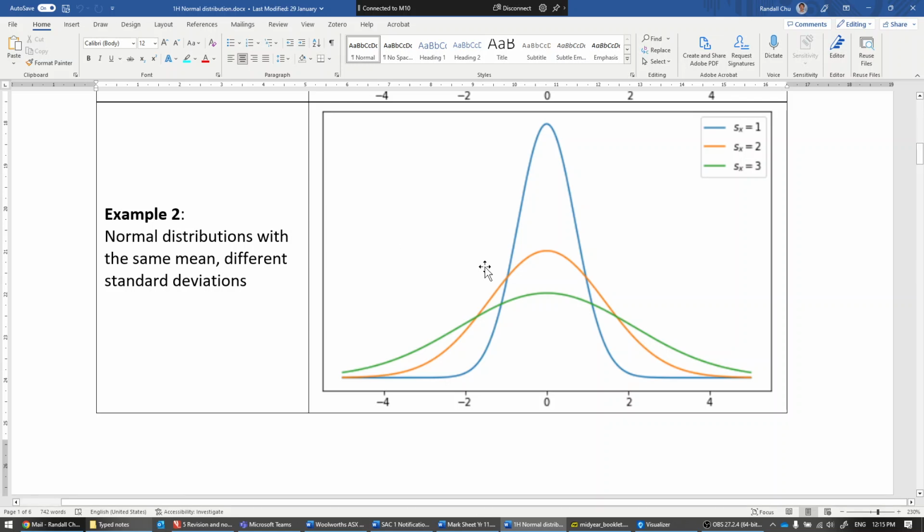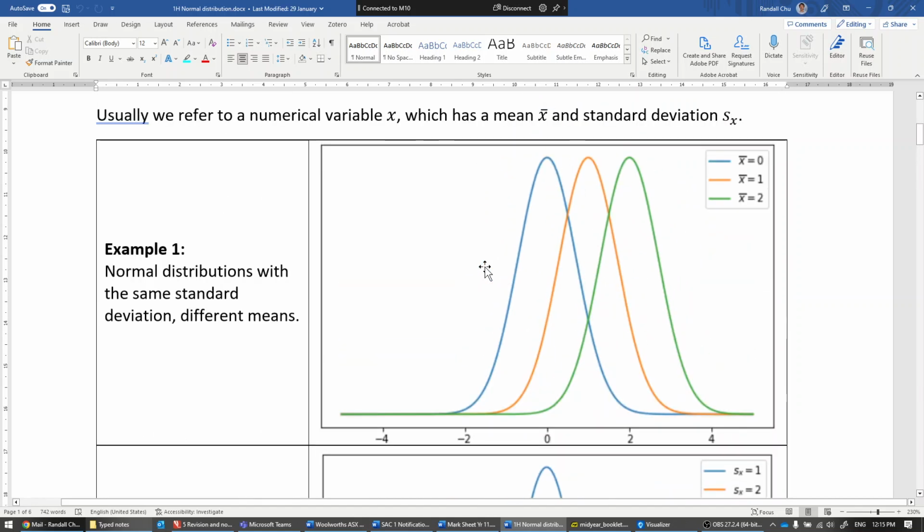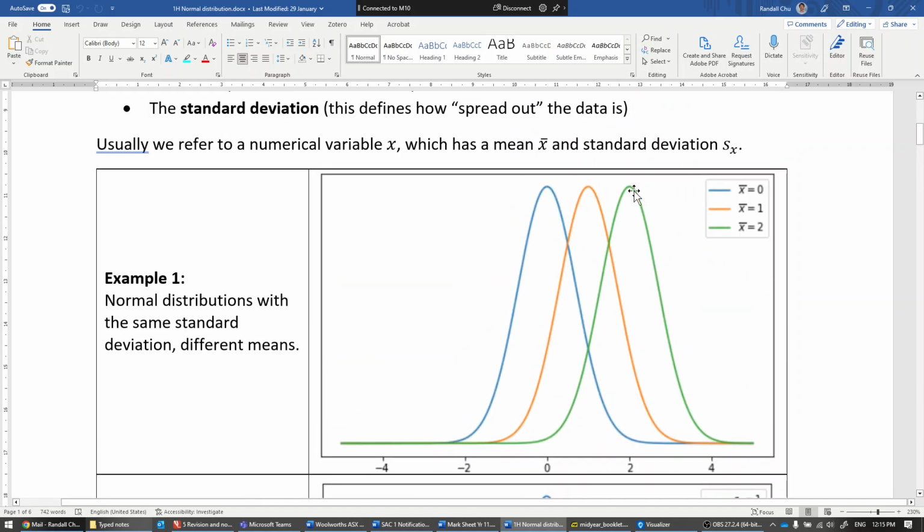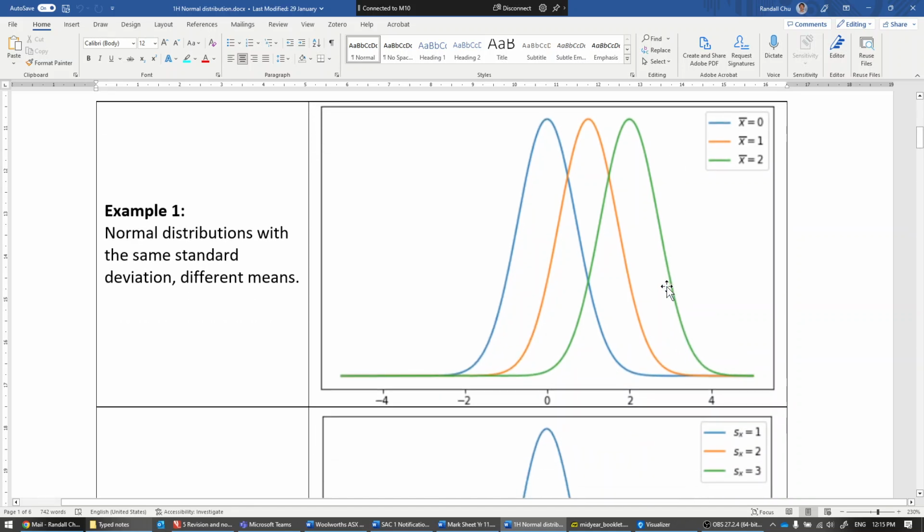If I change the standard deviation, I change how spread out the data is. If I change the mean, I move the center position of the graph. You don't really need to know this year, but I understand that every time I say standard deviation, you might not really know what I mean by that. Standard deviation is just a measure of how spread out the data is.